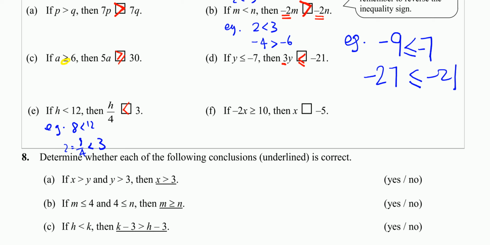And finally, for part F, since we need to divide by -2 on both sides, the size is changed.